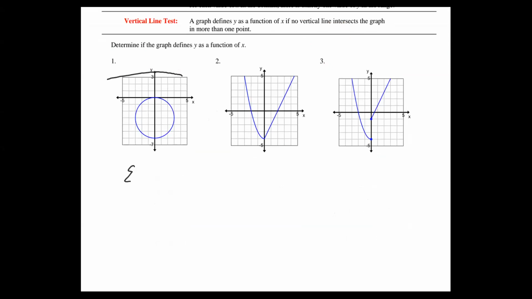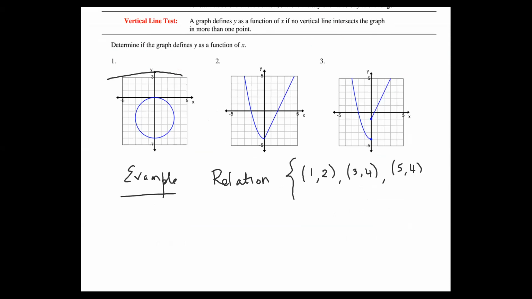For a relation, I have a collection of ordered pairs: (1, 2), (3, 4), and (5, 4). So this is an example of a relation.